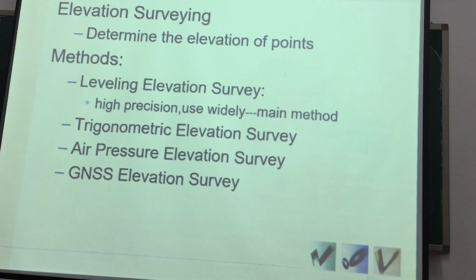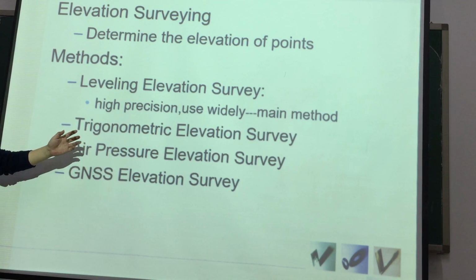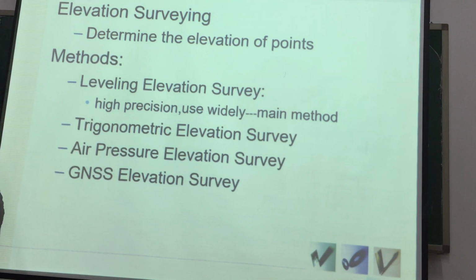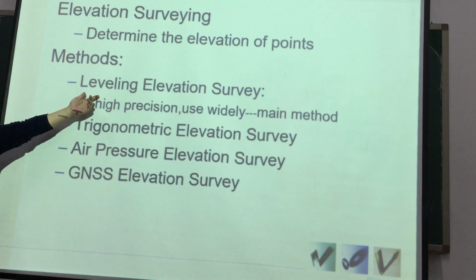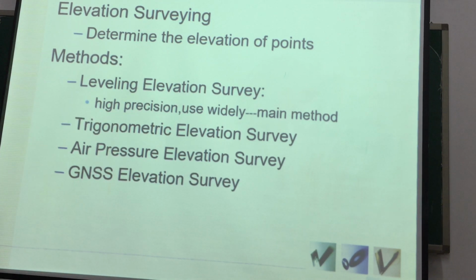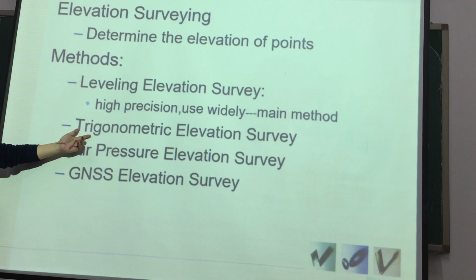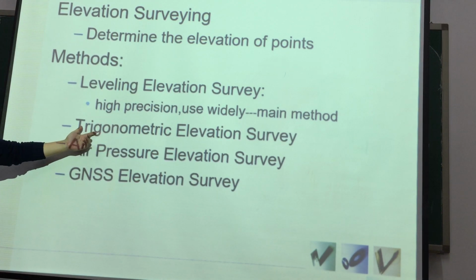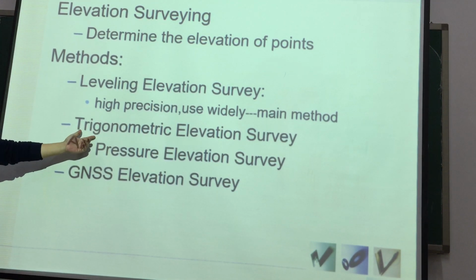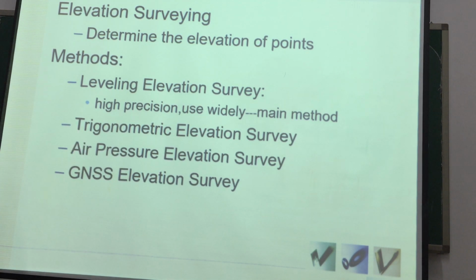Like those great projects, sometimes we have to use this method because we have no condition to take leveling on the surface of water. So we must use this method. But if you want to use this method, be careful. It's very easy to cause error in observation and result.